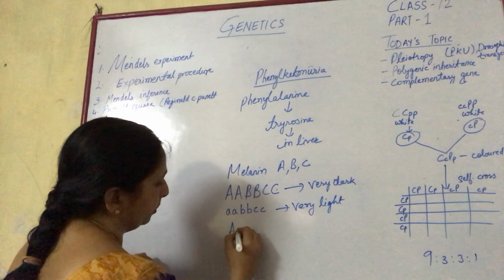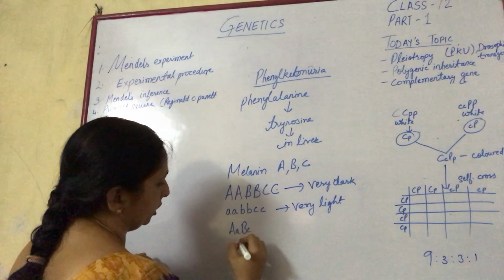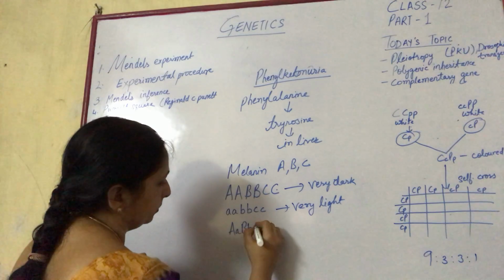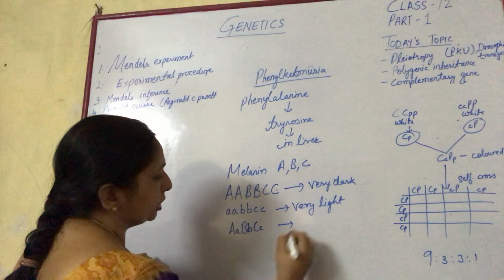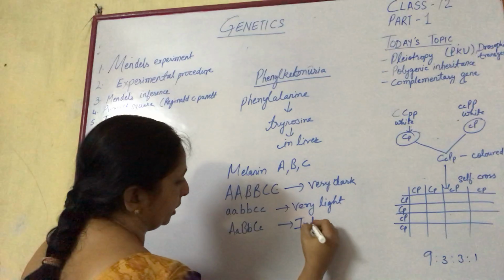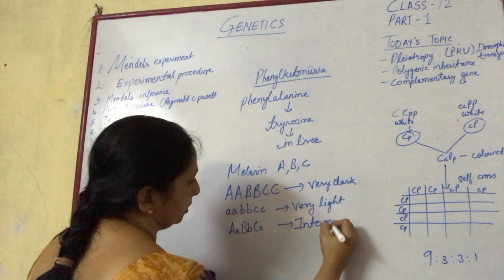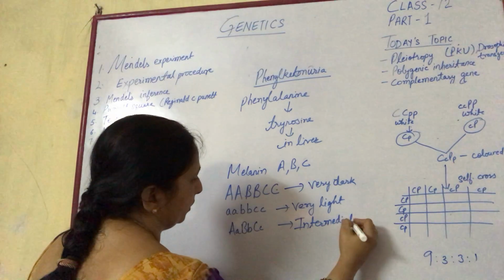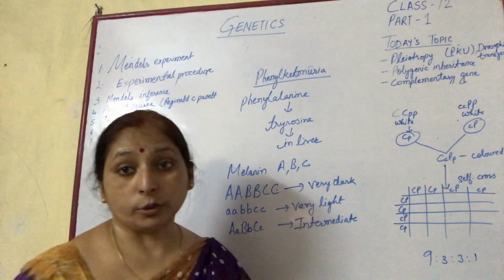If they are present in a heterozygous condition, the expression is intermediate, which is termed mulatto.